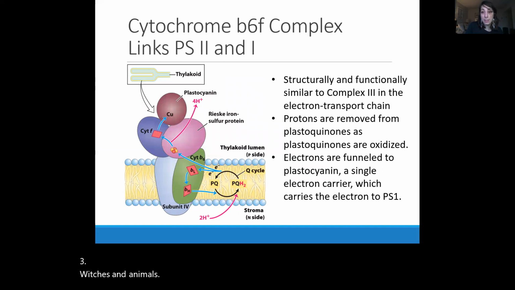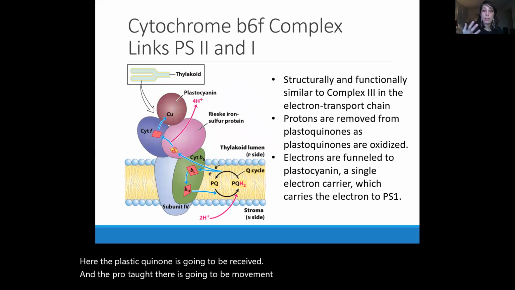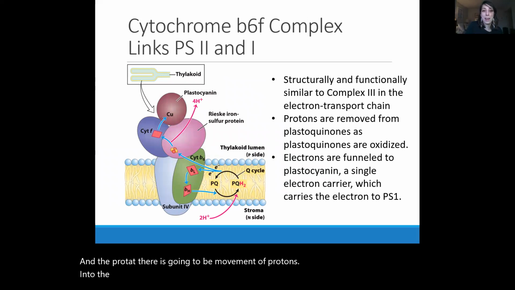Here, the plastiquinone is going to be received, and there's going to be movement of protons into the inner thylakoid side, right? We're doing the opposite in this case. So plastiquinone is received. We're going to pump some protons inside the thylakoid.